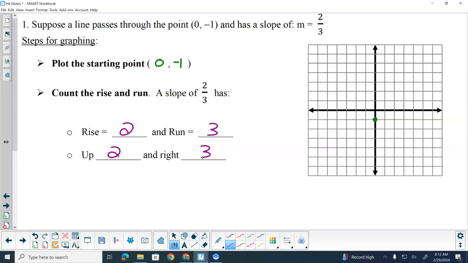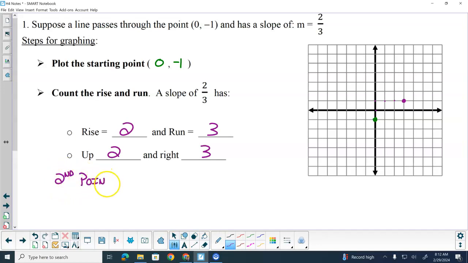We are going from the point that we plotted. We're going to go up 2. 1, 2. Then we're going to go right 3. 1, 2, 3. So we should be at the second point.